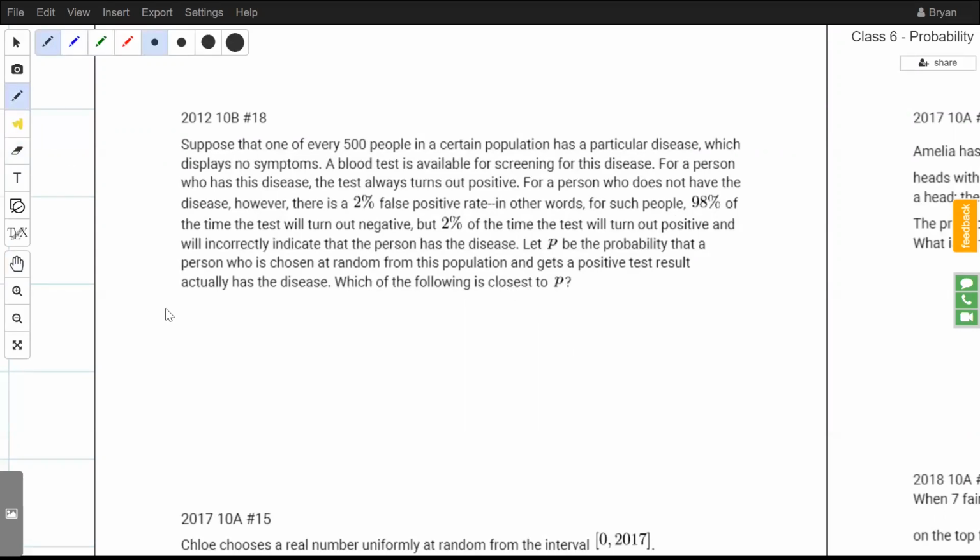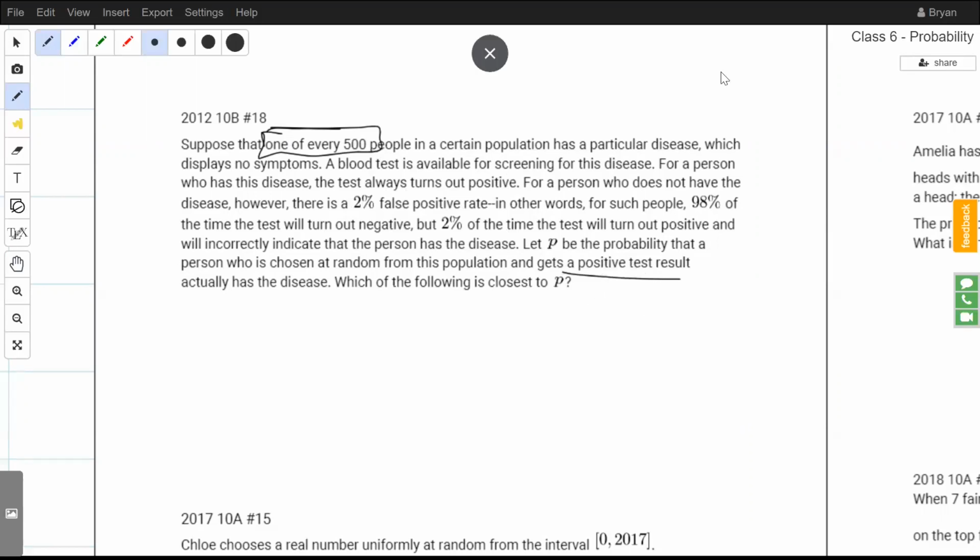So when we approach this kind of problem, we have to realize that this information is actually useful. We actually sort of need to know how common the disease actually is. If we only work off of this part, the 2% false positive rate, then obviously we won't be able to tell from a positive test result.